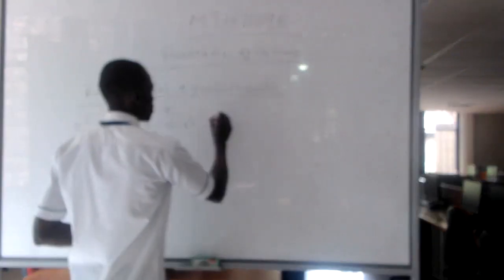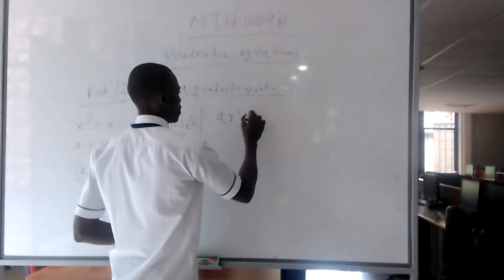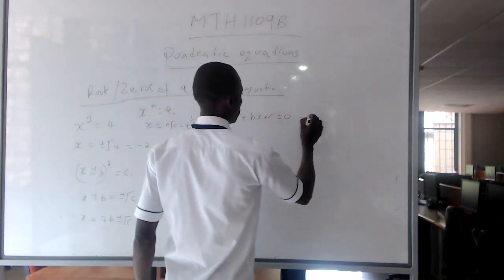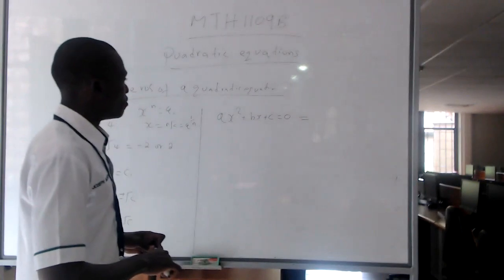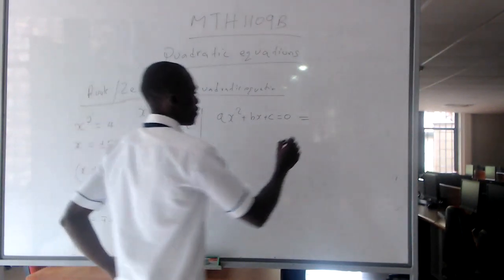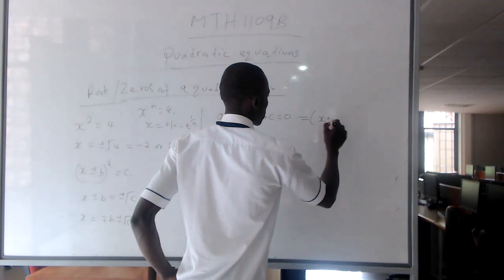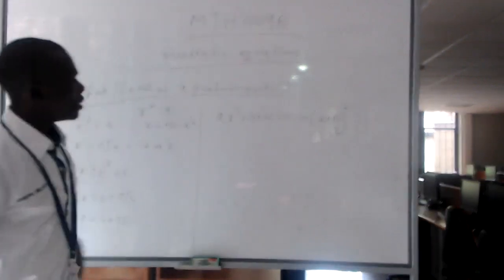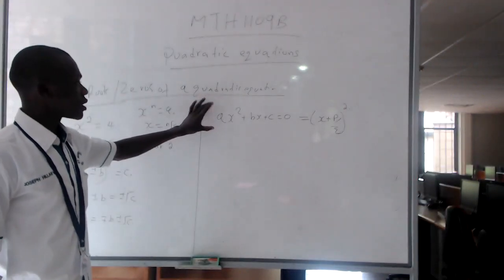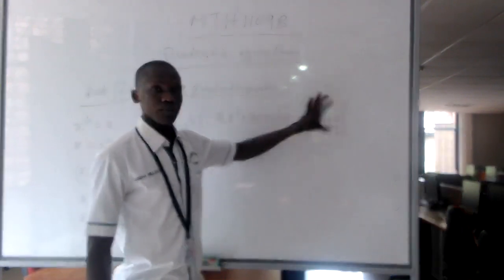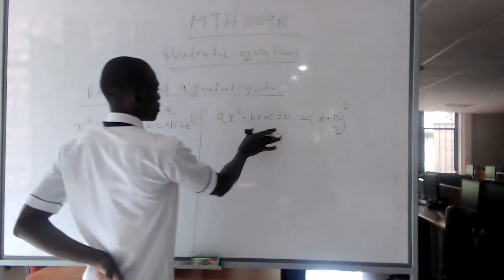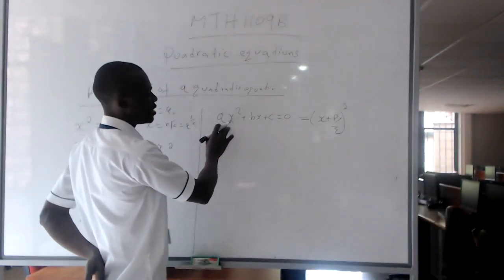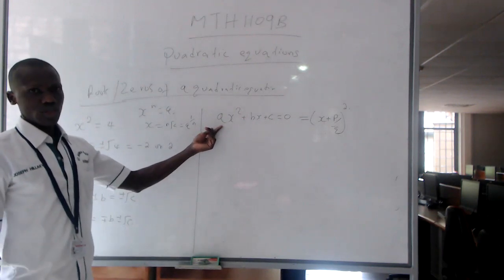So what that means is that given any quadratic equation, ax squared plus bx plus c is 0, our aim is to be able to find some way of writing this as, let's say, x plus maybe p divided by q squared. This is our main interest. We are interested in writing this expression as a perfect square. Now, suppose a is not 0, so we can divide by a. And in case a is 0, then you don't have a quadratic equation. So a must not be 0.